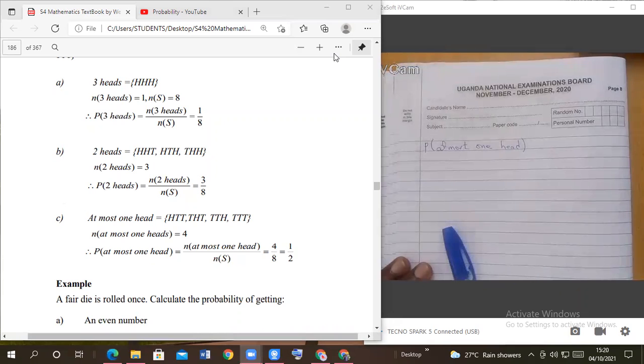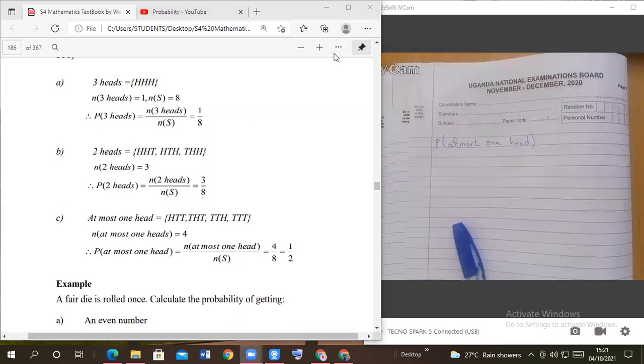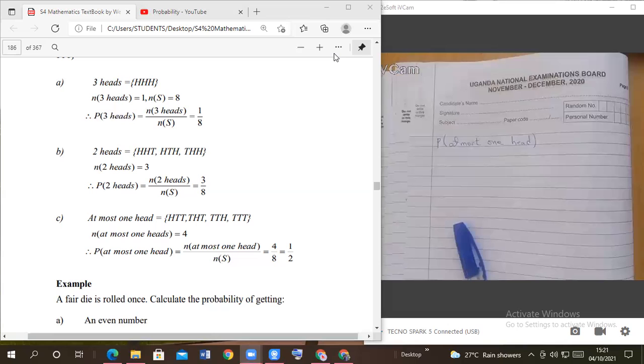If I said, give me at most 1 pen, how many pens are you going to give me? 1, or none.